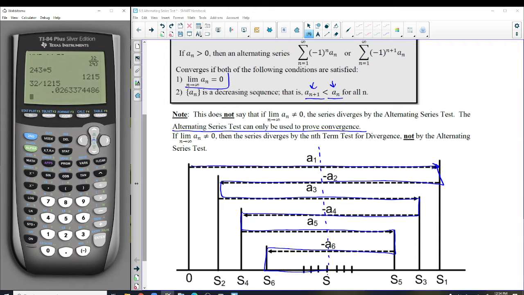So for example, if we went 1 minus 1/2, and get that value, plus 1/3, minus 1/4, plus 1/5, minus 1/6. Look at the numbers. Plus 1/7.